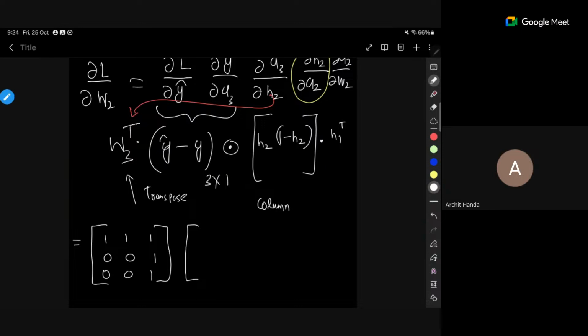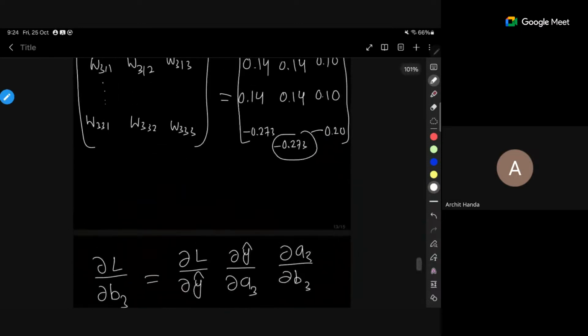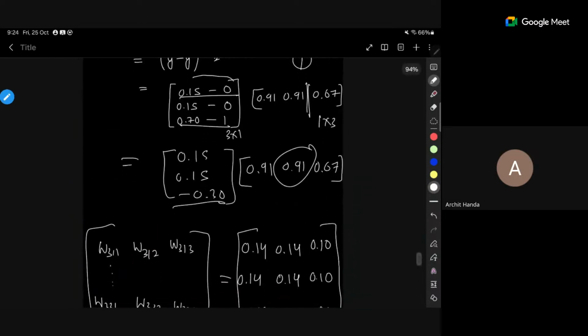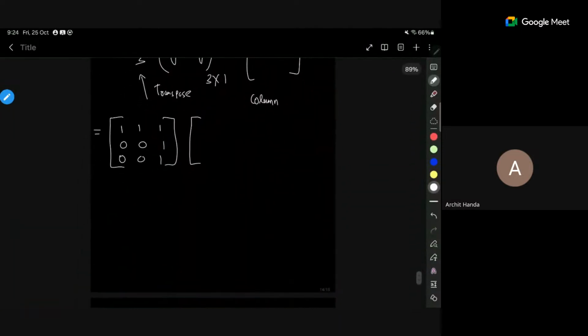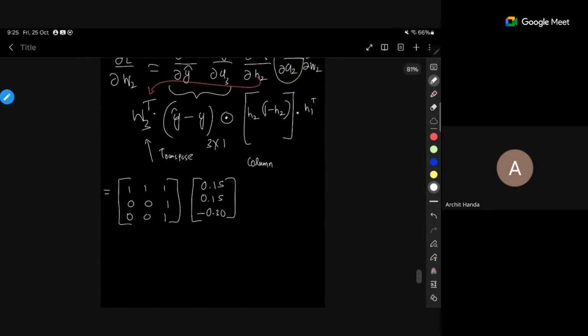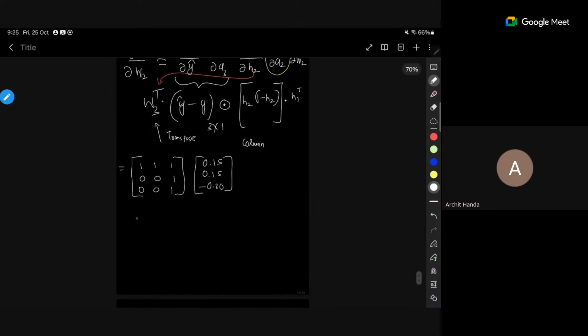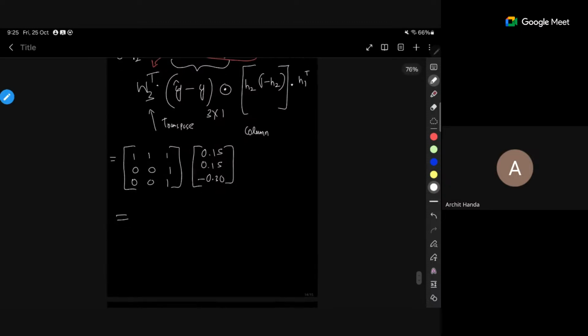This guy I already computed: this is my y hat minus y, 0.15, 0.15, minus 0.30. Let's do this first. Then we can move on. Element-wise we can do after that.